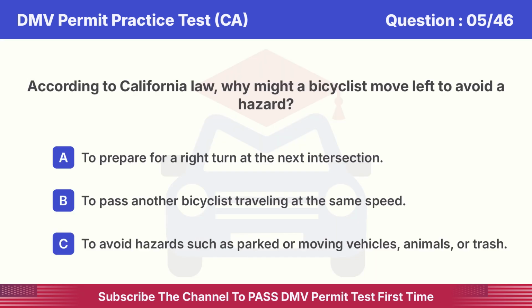Question 5. According to California law, why might a bicyclist move left to avoid a hazard? Option A, to prepare for a right turn at the next intersection. B, to pass another bicyclist traveling at the same speed. C, to avoid hazards such as parked or moving vehicles, animals, or trash.